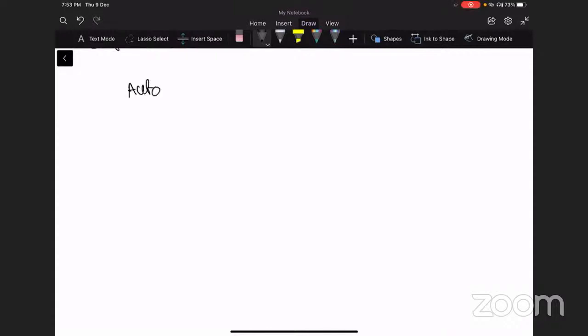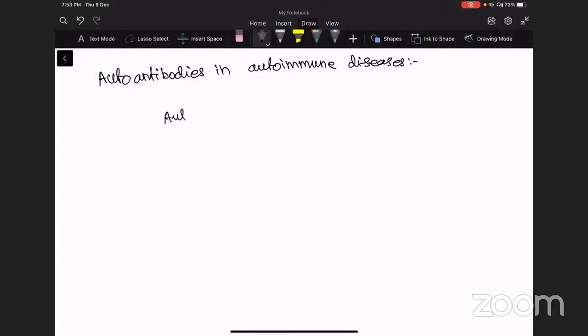Next, we go for some autoimmune antibodies that have been asked in the exam. Autoantibodies in autoimmune diseases, autoantibody and the associated disease.